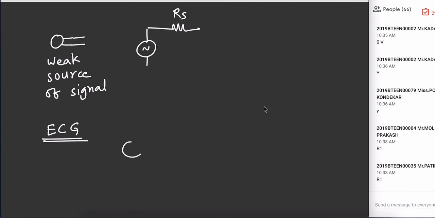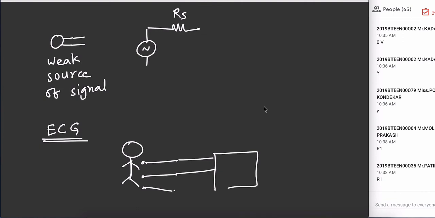Suppose there is a person here and some probes are connected to the body. These are the wires, and there is a circuit which tries to draw some current. Then the body will say that I am not able to supply the current, I am just a signal source.